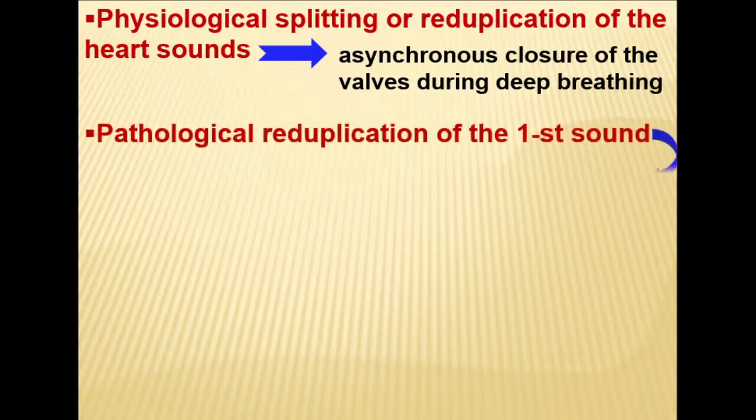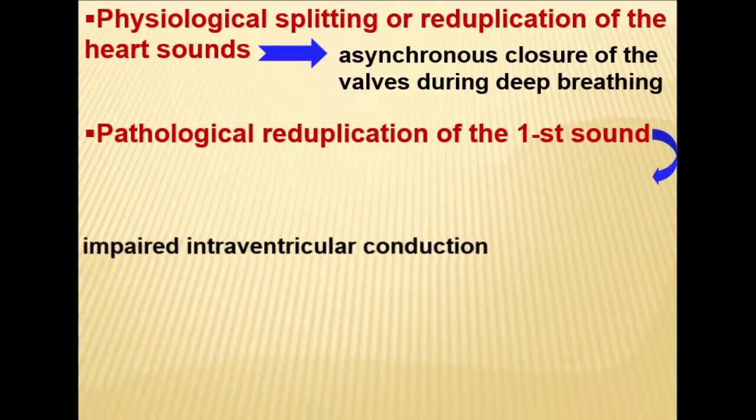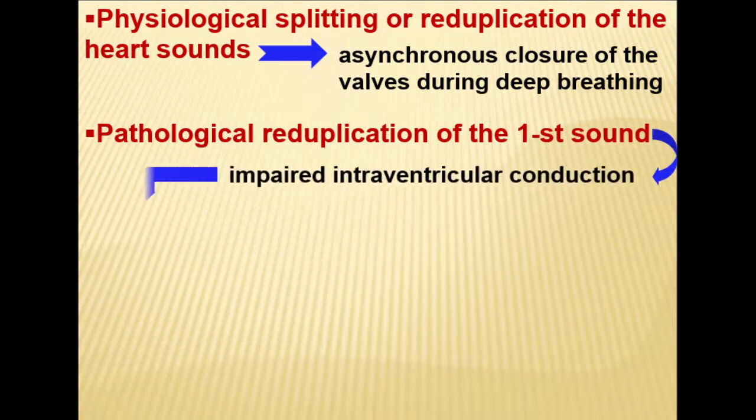Pathological reduplication of the first sound appears due to affection of the conductive system. A problem with the conductive system is called block, and first of all it is His bundle block, a problem with passage of the impulse along the bundle of His branches, or intraventricular block.